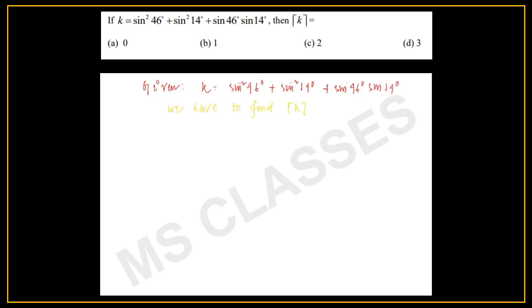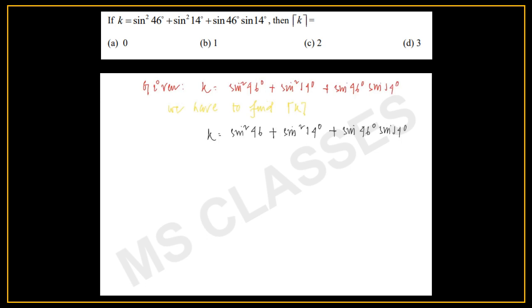So this is a very simple sum, because if we just solve this given expression, we say that k equal to sine square 46 plus sine square 14 plus sine 46 degree into sine 14 degree.